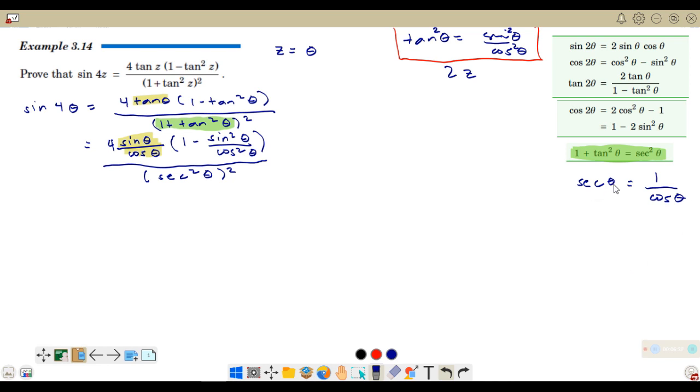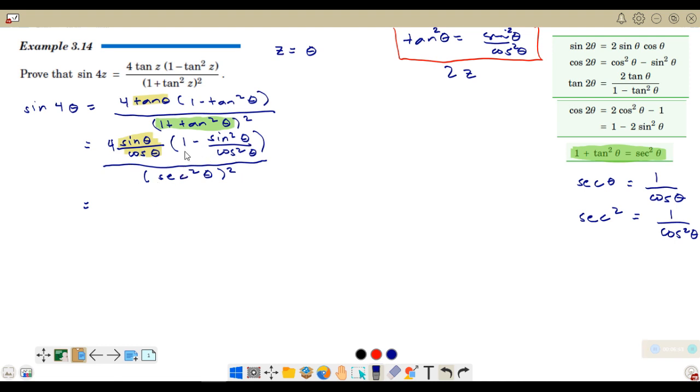So, if we have secant squared theta, we actually have the reciprocal, 1 over cosine squared theta. Reciprocal of the cosine squared function. Okay? I think nasusundan naman. Madali pa naman siya at this point.